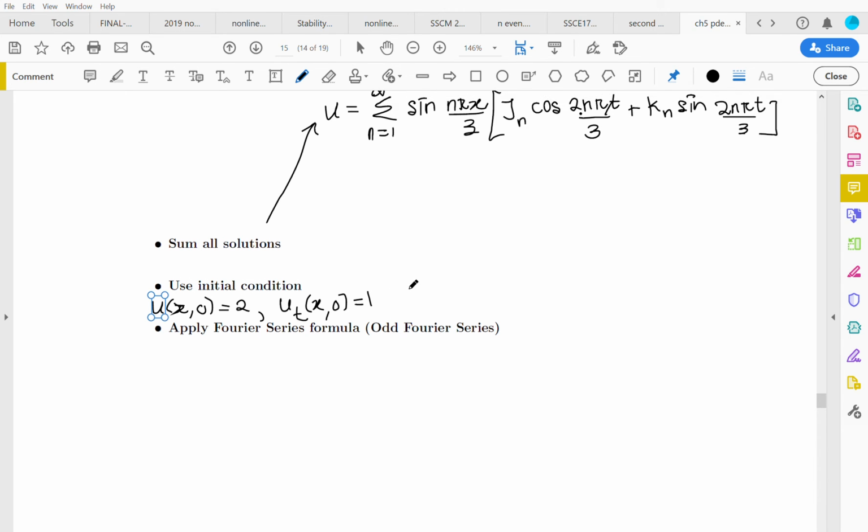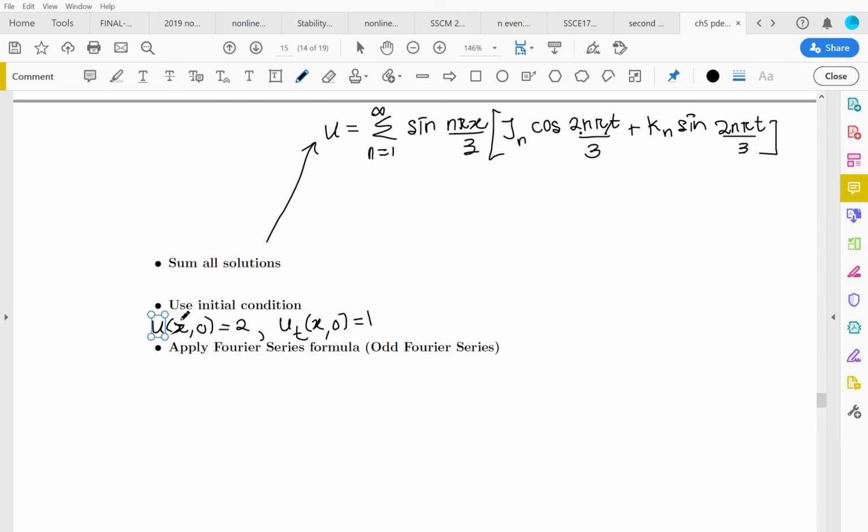Okay, so for the first initial condition, this means t equal to 0, u is equal to 2. So we can replace it directly into this. The left hand side becomes 2, equal to the right hand side.